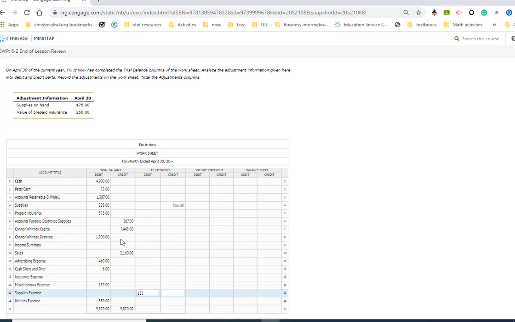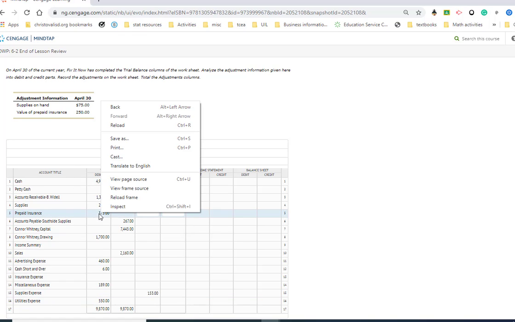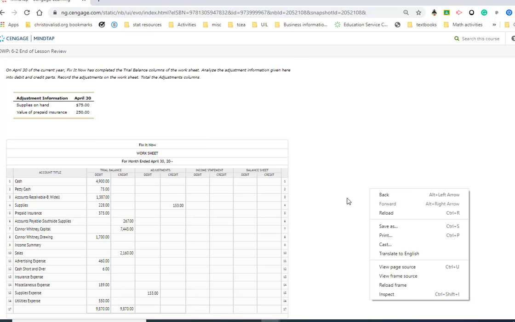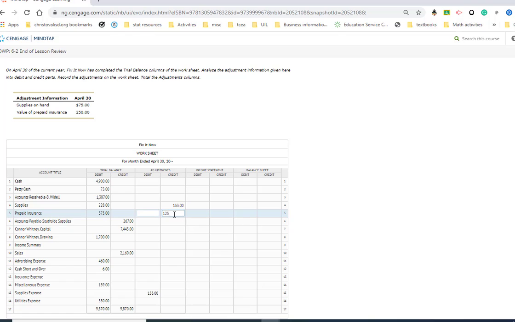And then our prepaid insurance, the value of our prepaid insurance right now is $250. Our prepaid insurance that we had noted before was at $375. So we've used $125, and we'll go down to insurance expense and put 125.